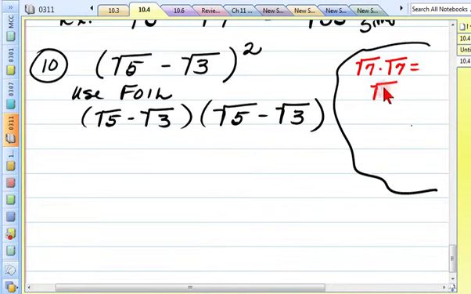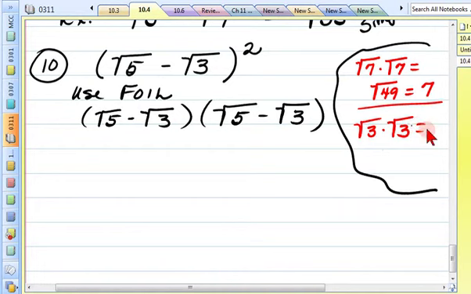You get the square root of 49, which is rational, 7. If you had the square root of 3 times the square root of 3, you get square root of 9, which is 3. So when multiplying a square root times itself, you can go through this step, or you can just say, oh yeah, square root of 7 times square root of 7 is 7. The radicand pops out. And that might be helpful when you're multiplying these.